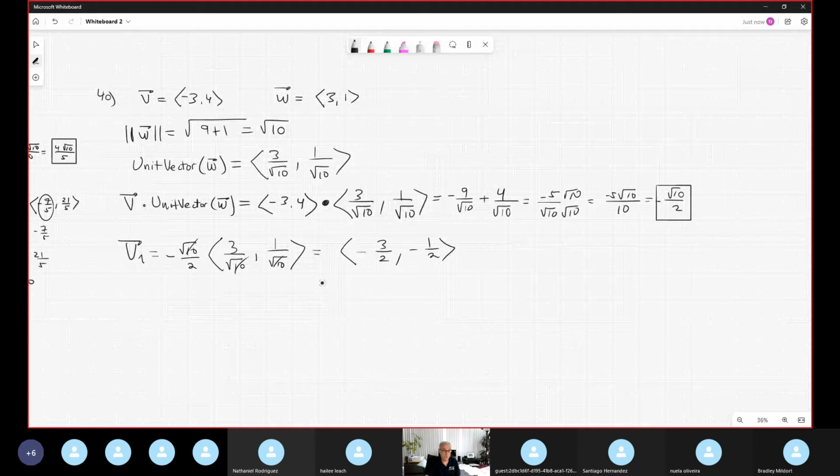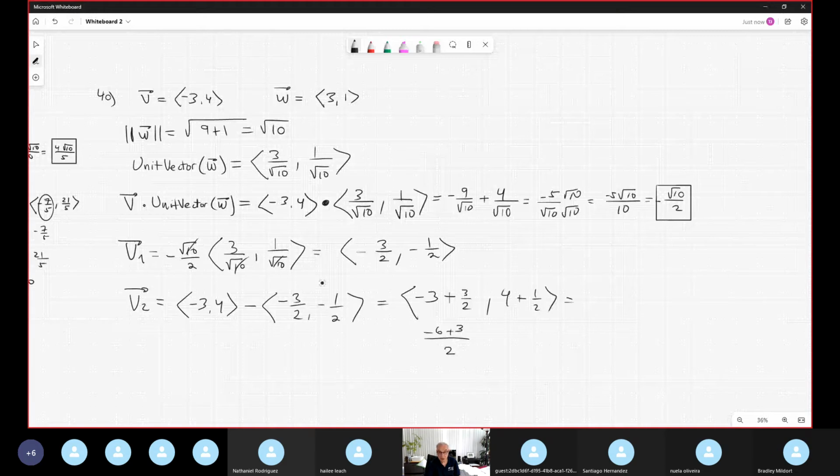And B2 is B, which is negative 3, 4, minus this component, negative 3/2, comma negative 1/2. Be careful with the sign. It's tricky. So basically it is negative 3 plus 3/2, comma 4 plus 1/2, because the negatives together make positive. The LCD is 2, so it is negative 6 plus 3, which is negative 3.